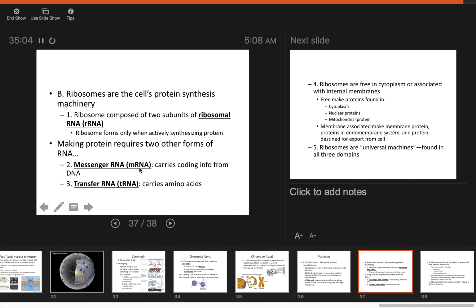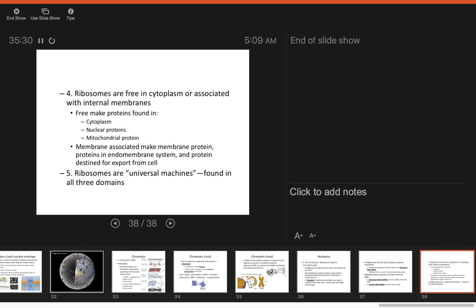But messenger RNA and transfer RNA. If you remember last year, messenger RNA carries the code and information from DNA. It's the thing that actually leaves the nucleus and finds the ribosome outside in the cytoplasm, or the rough ER. And the transfer RNA was the broken dynamite stick figure that carried amino acids to the ribosomes, and then the ribosome helped form that peptide bond between the amino acids to make proteins.